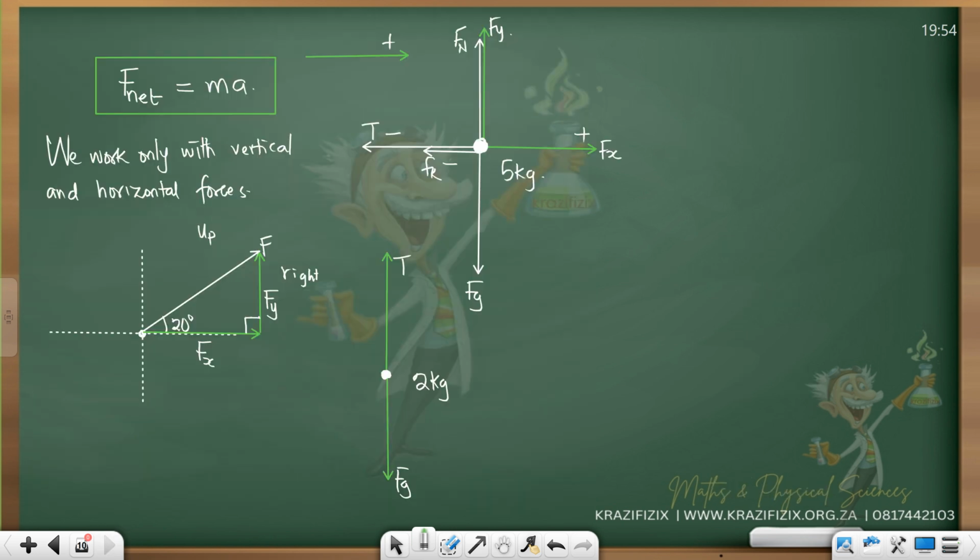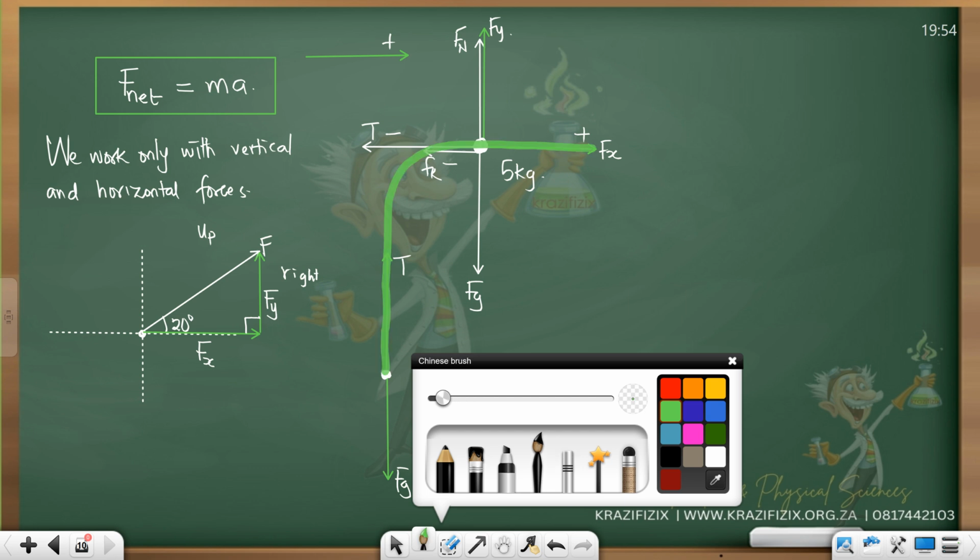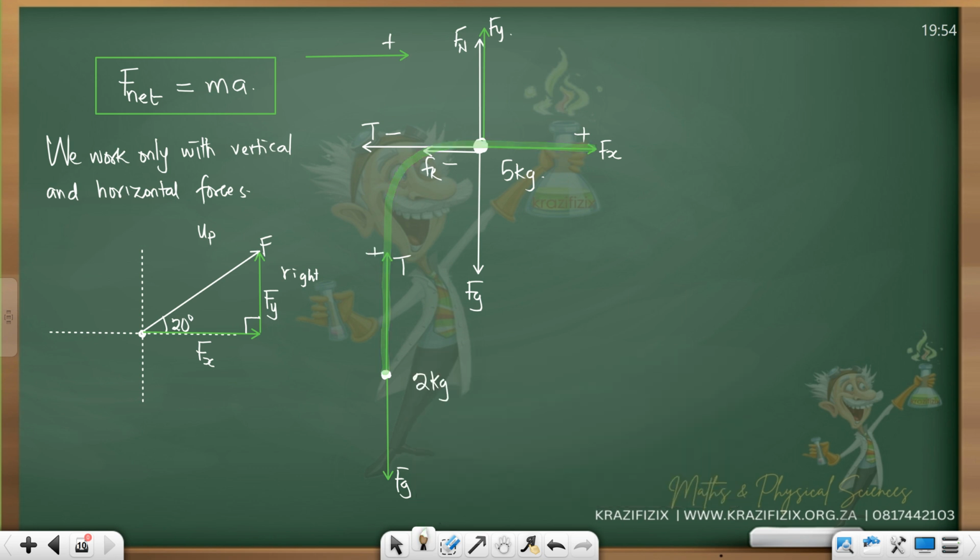So check again. We said right as positive. Which one is going to the right? Do you notice this one is going up and then it will go to the right? Does that make sense to you? Yeah. It means my tension there will what? Positive. And my gravity would be negative.